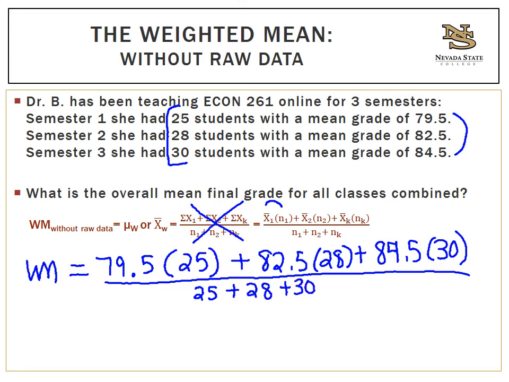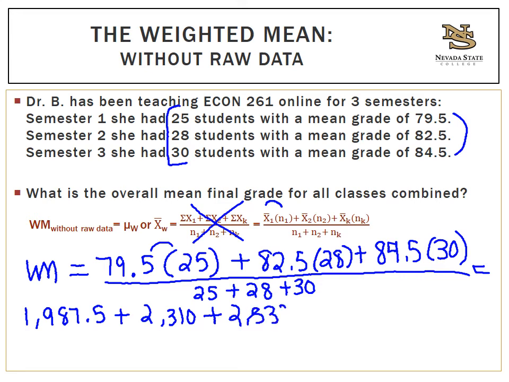So I'm going to solve for my multiplication first. So 79.5 times 25 is 1,987.5 plus 82.5 times 28, 2,310 plus 84.5 times 30, which is 2,535.